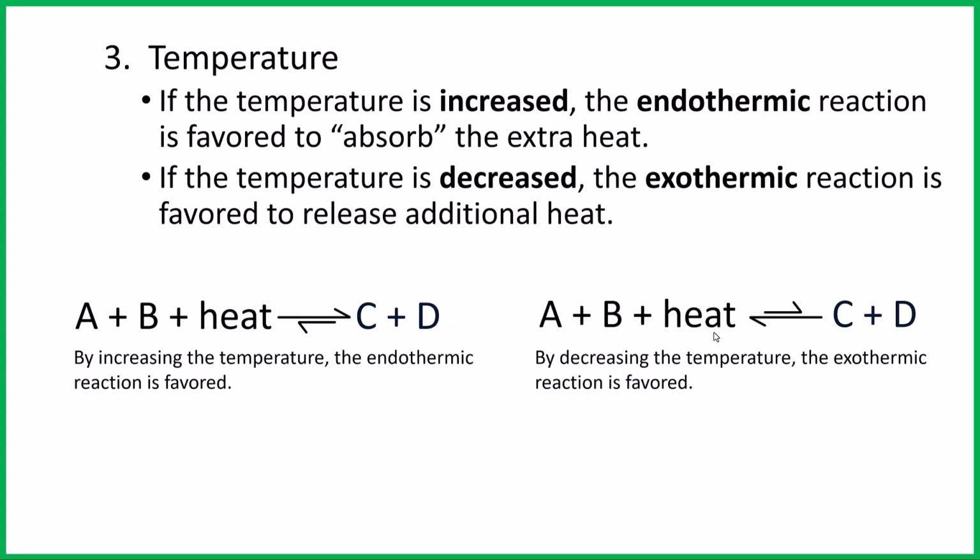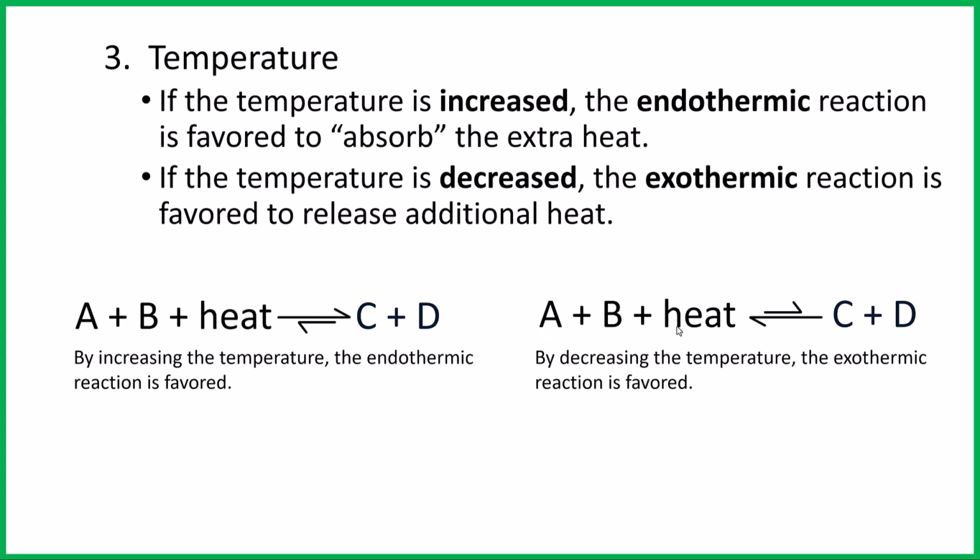By decreasing the temperature, the reaction is going to try to produce more heat, and so it will be favoring the exothermic reaction. So if temperature is increased, then more heat is going to be absorbed, and so basically increasing the concentration of that heat and shifting this direction.